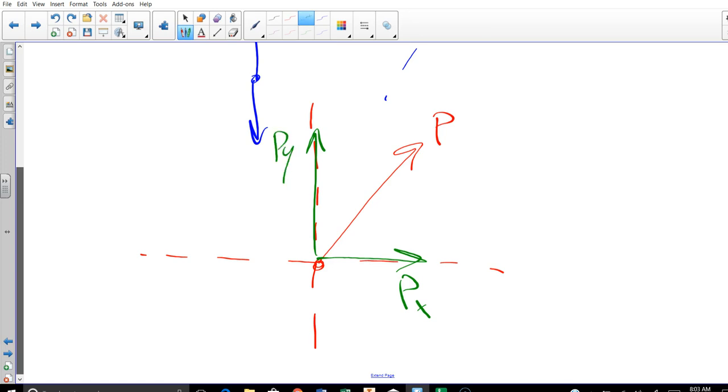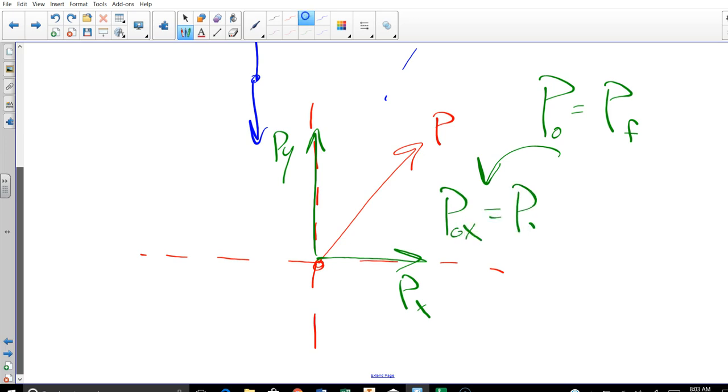So when we talk about conservation of momentum, where we have been saying that the momentum initially equals momentum at the end, now, if you have objects moving in 2 dimensions, the original x momentum should equal the final x momentum, and at the same time the original y momentum equals the final y momentum. You have really 2 problems inside of 1 now.